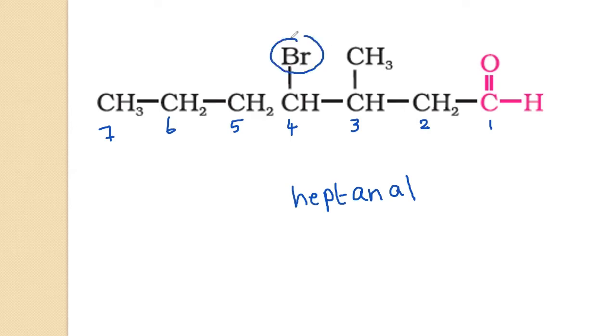We consider the bromine first because alphabetically bromine comes first. So we say 4-bromo. Bromine is in the 4th position. And in the 3rd position, we have the methyl. So 4-bromo-3-methylheptanal.